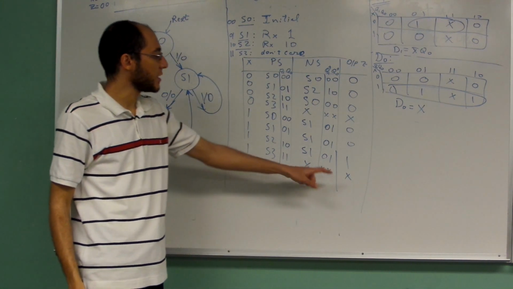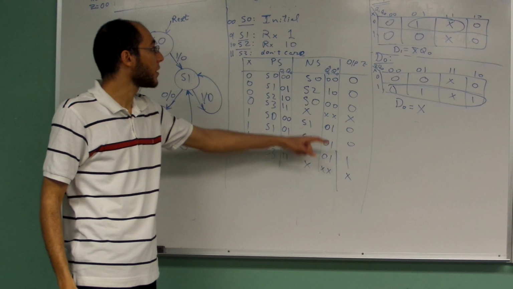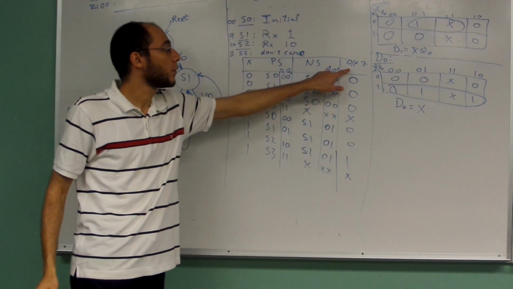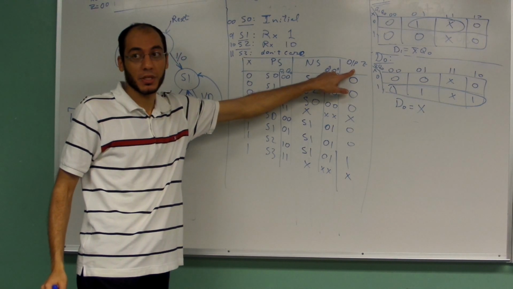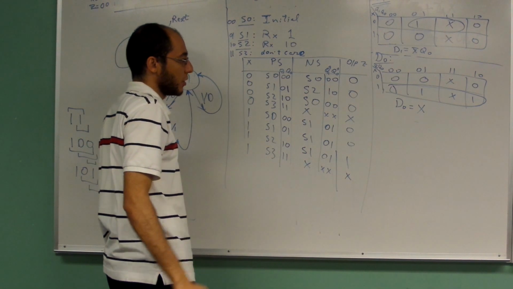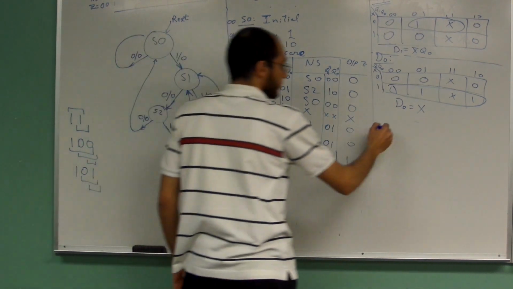For this particular case, for the Mealy machine, you cannot depend on the state definition table in order to build the K-map for the output Z. You have to depend on the state transition table. Okay?